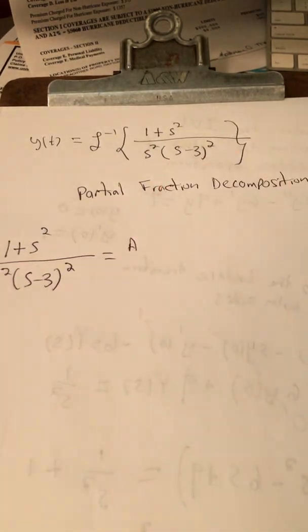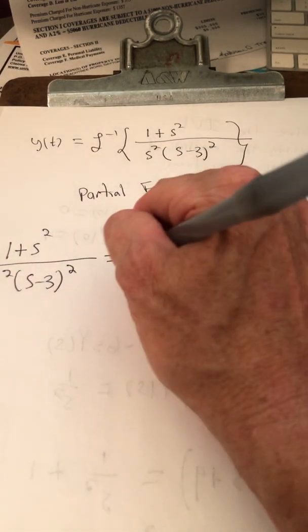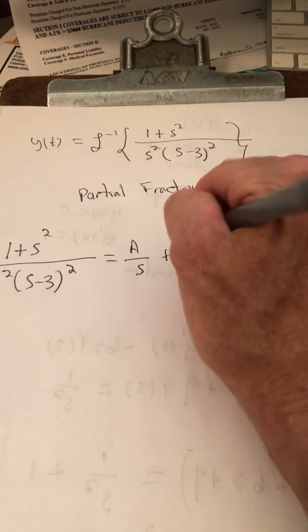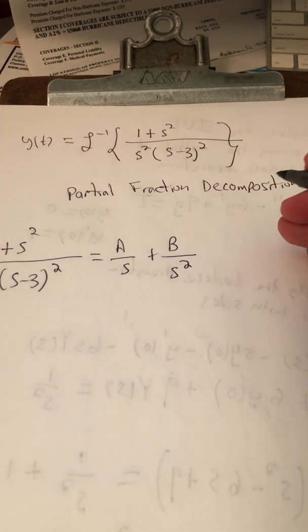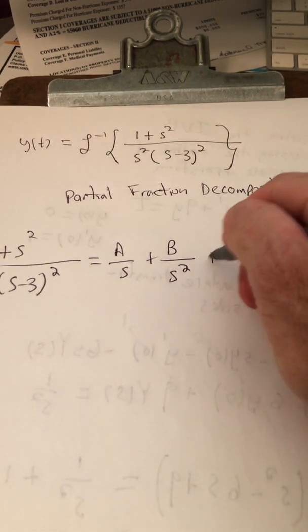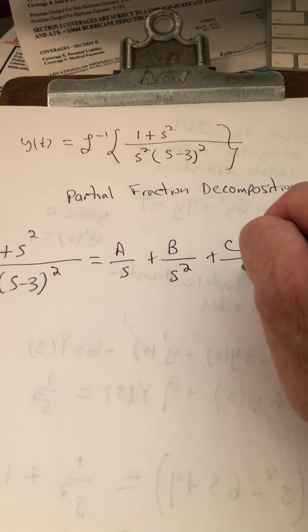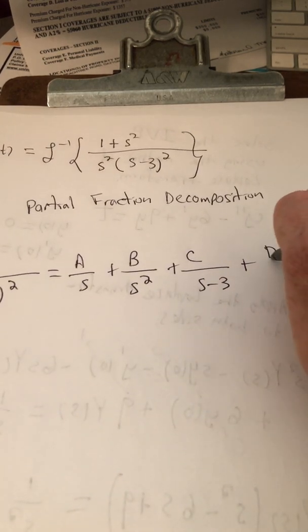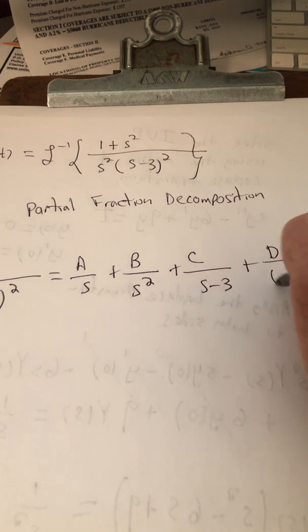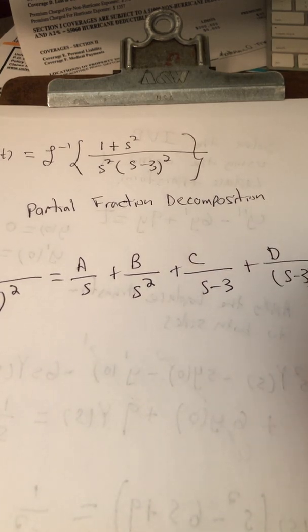We have A over s plus B over s squared plus C over s minus 3 plus D over s minus 3, the quantity squared.